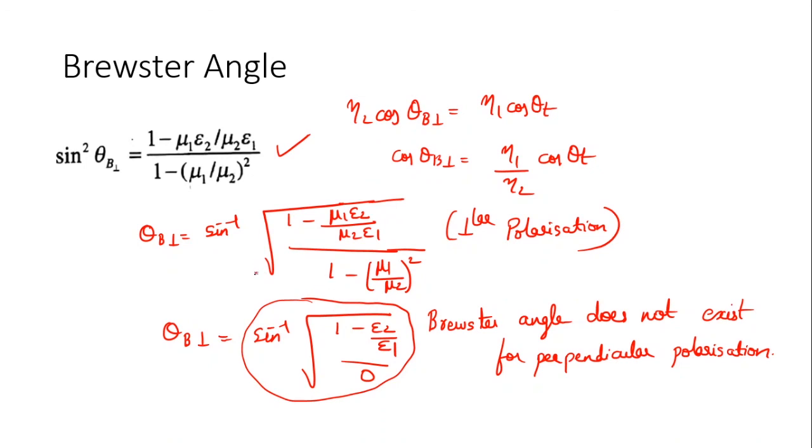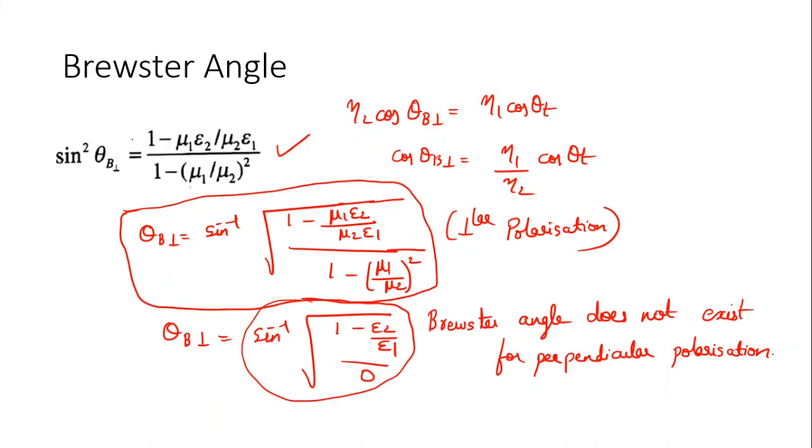And mathematically you can write the equation like this: theta b, or Brewster angle corresponding to perpendicular polarization, is given by sine inverse square root of (1 minus mu 1 epsilon 2 divided by mu 2 epsilon 1) divided by (1 minus (mu 1 by mu 2) the whole square). Okay, so in oblique incidence we discussed two types. One is parallel polarization and the next is perpendicular polarization.